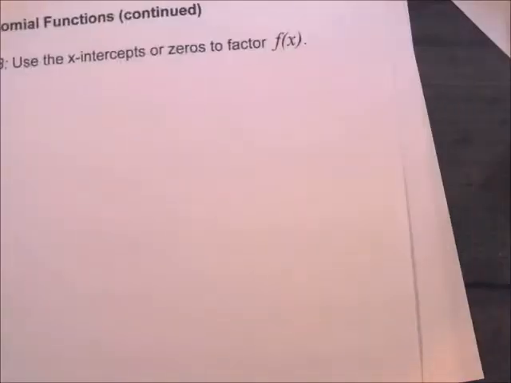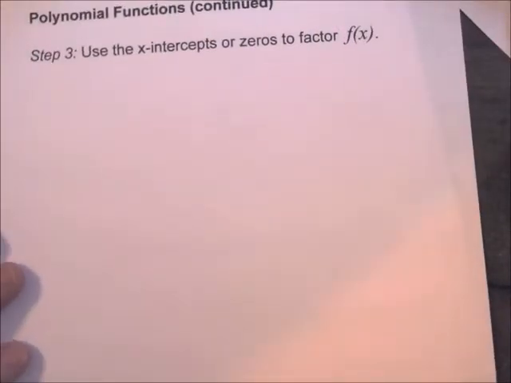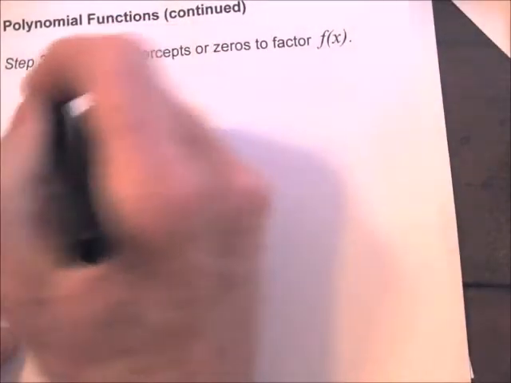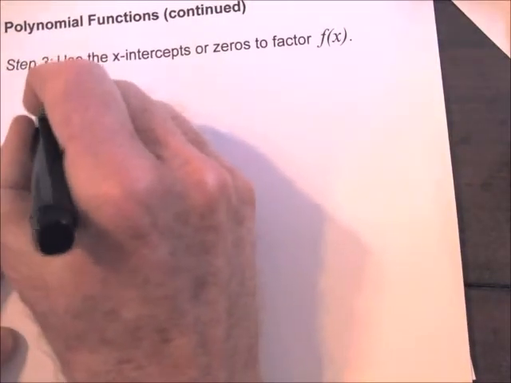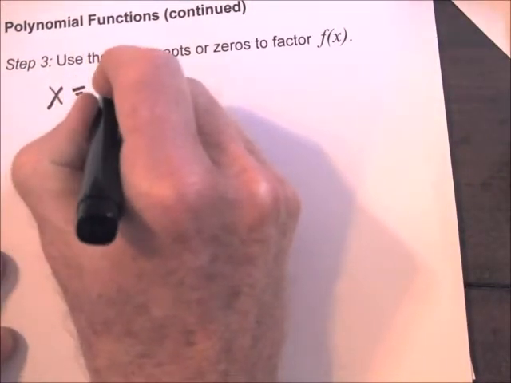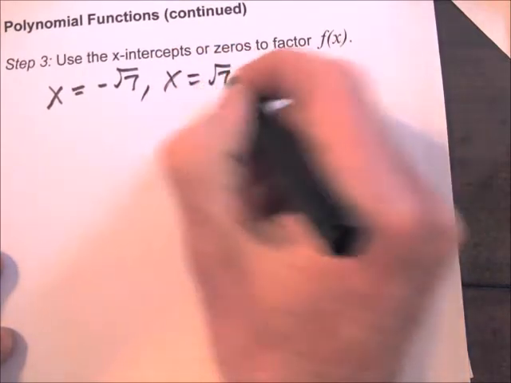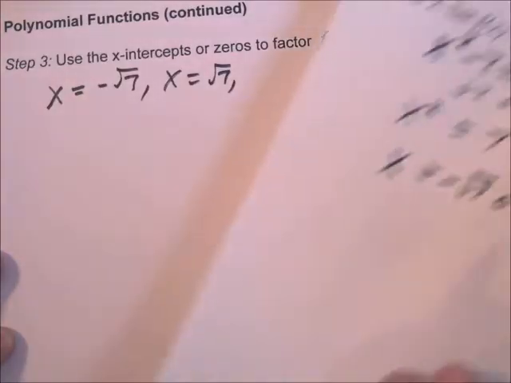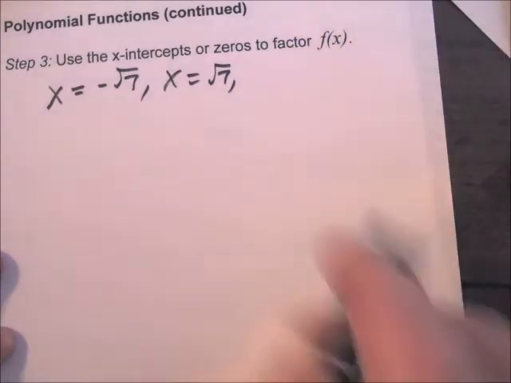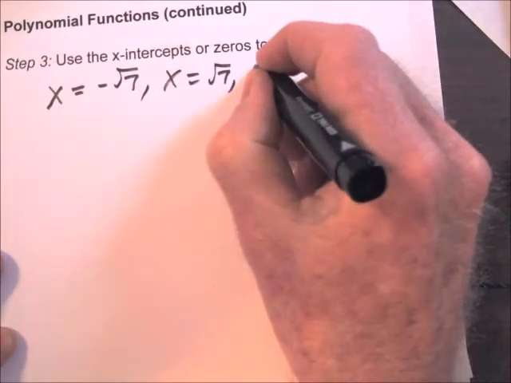The third step now is to use the x-intercepts to factor f(x). We start with our answer for step 2: x equals negative root 7, x equals positive root 7, or the other factor, x squared plus 9 equals 0.